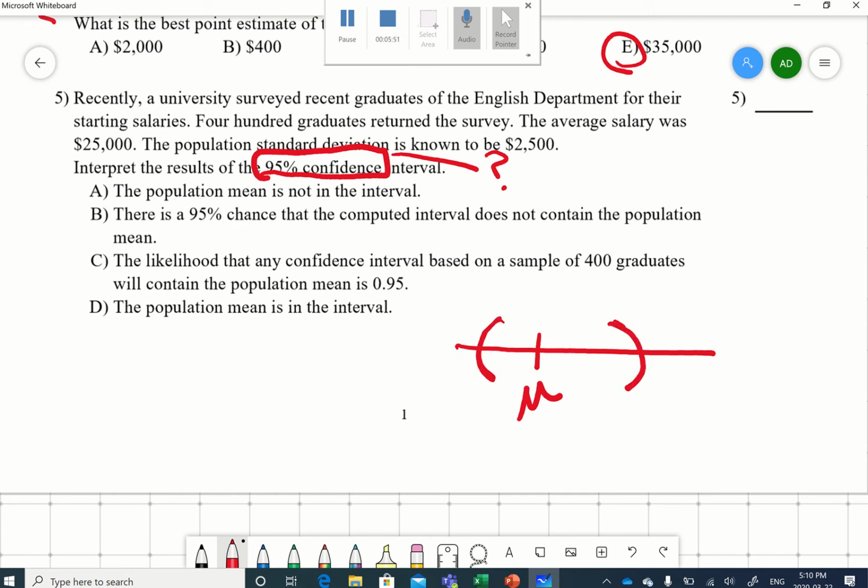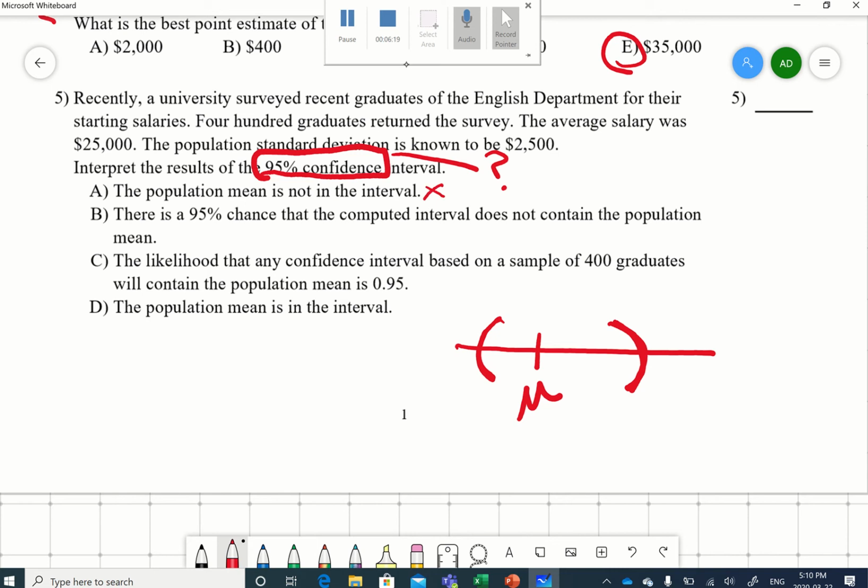So if they are using a 95% level of confidence, that means they are 95% sure that the actual average starting salary would be within this interval. So when you go through the responses: A, population mean is not in the interval, wrong.